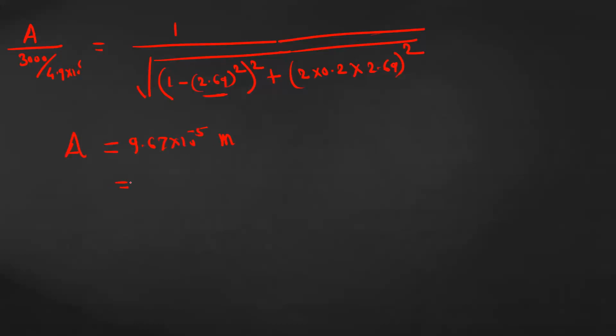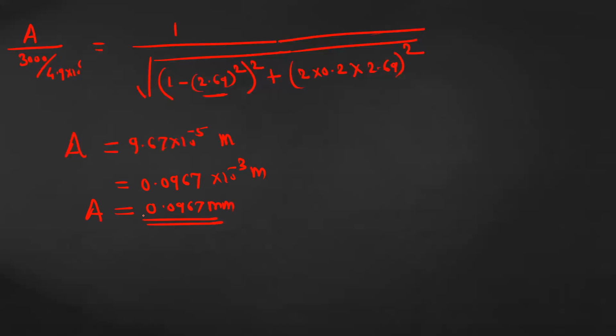Or if you rearrange this term, adjusting to two decimal places, it is 10 to the power minus 3 meter, which is equal to 0.0967 millimeter. So this is the amplitude of the machine.